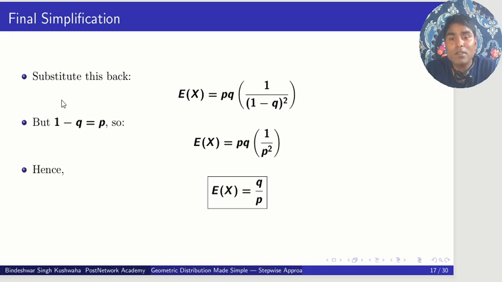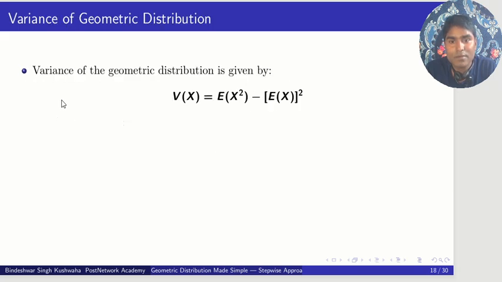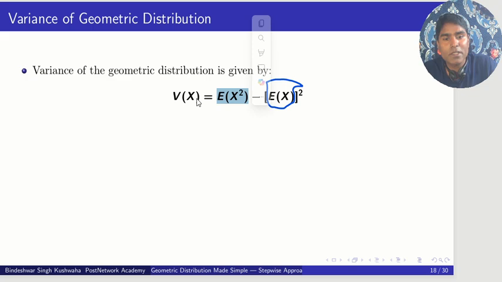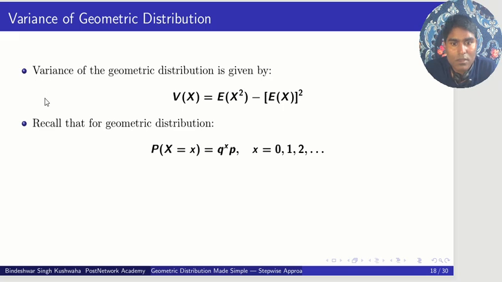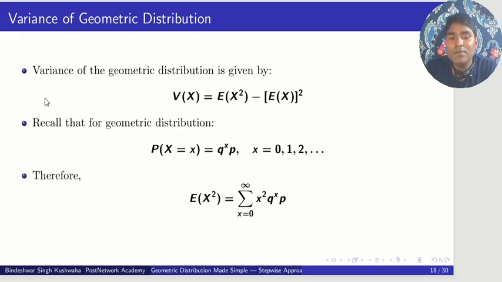or mean of x. Now let us understand the variance of the geometric distribution. You can understand this one we have already calculated, the expected value of random variable x. We just need to calculate this part. So here the probability mass function is q raised x p.